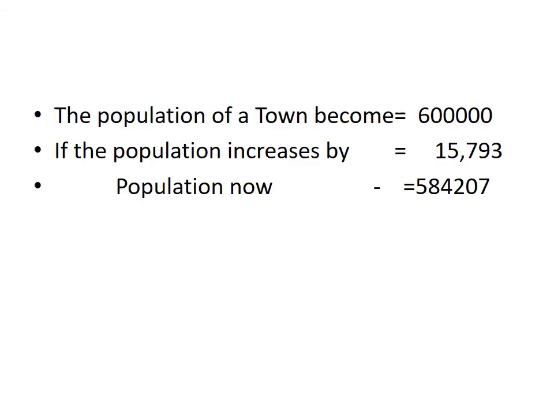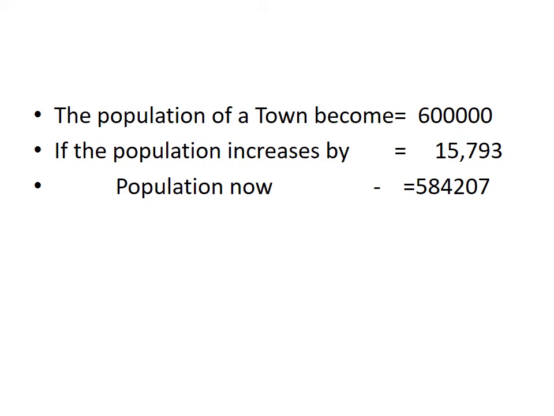Let us start. The population of a town becomes 6 lakh. Right? If the population increases by 15,793. Population now, that means you have to subtract. Clear? 6 lakh, you have to borrow from 6.